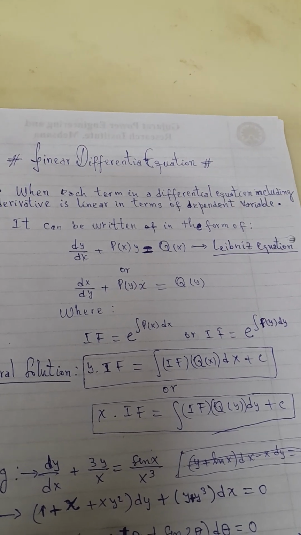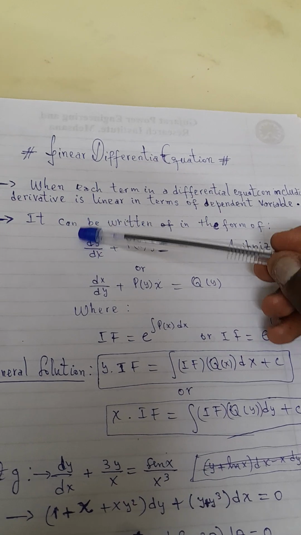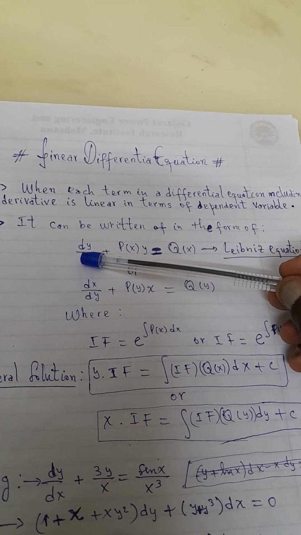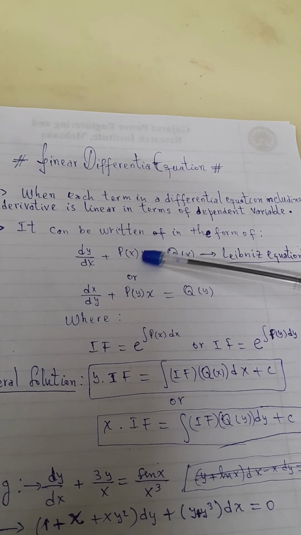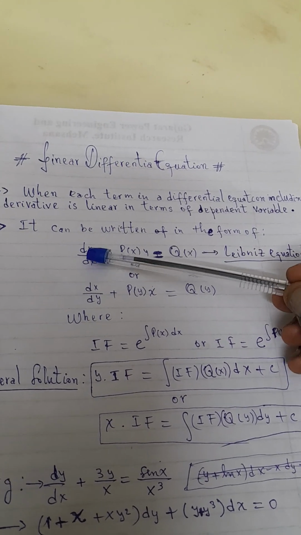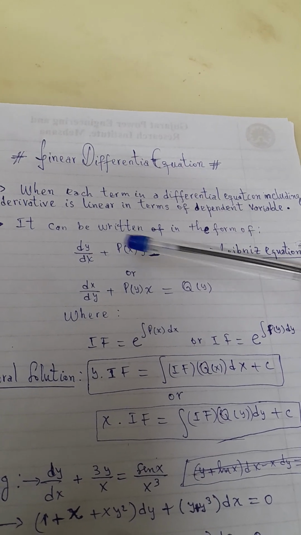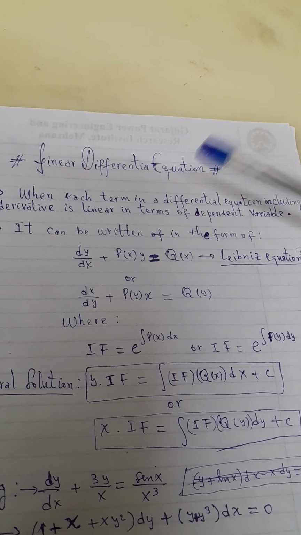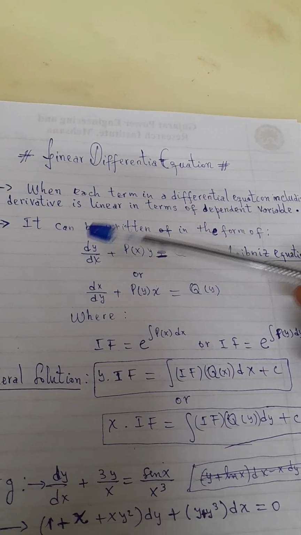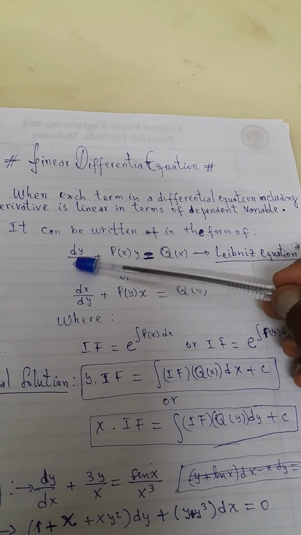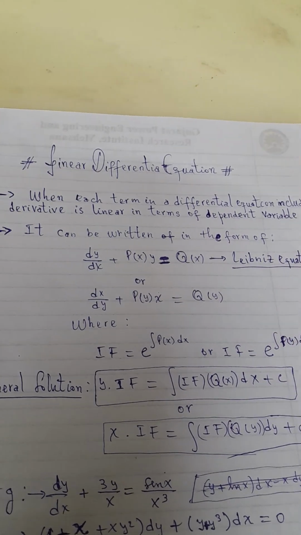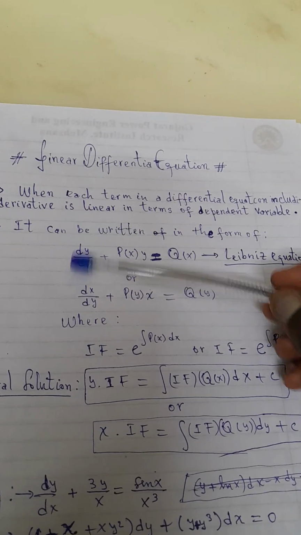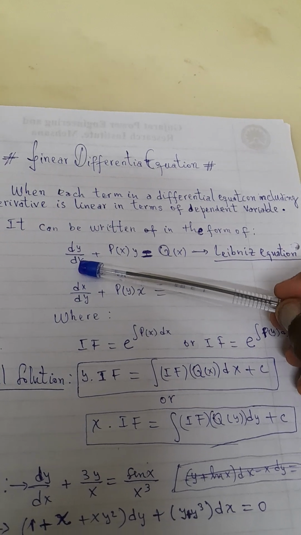So what do we mean by this? Here we have only one derivative term. The dependent variable is y, so I get the derivative of y with respect to x, one time, with degree 1.